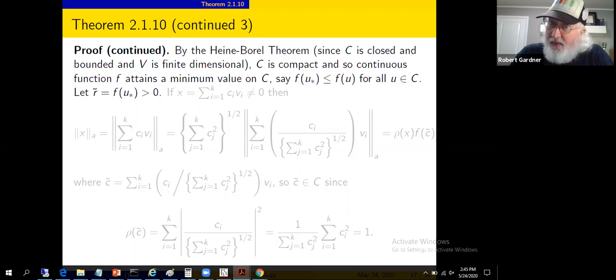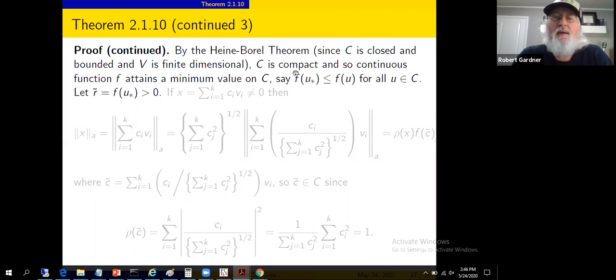Speaking of extreme value theorem, in Calculus 1, you'll say a continuous function on a closed and bounded interval, A to B, attains a maximum and attains a minimum. That's the extreme value theorem. Same idea here. In senior level analysis, you'd replace closed and bounded interval with compact set.